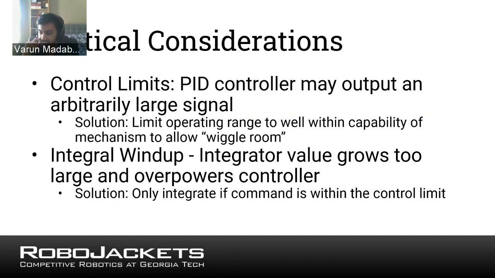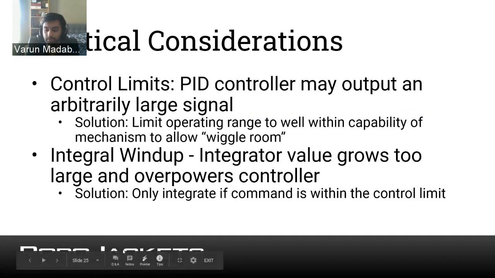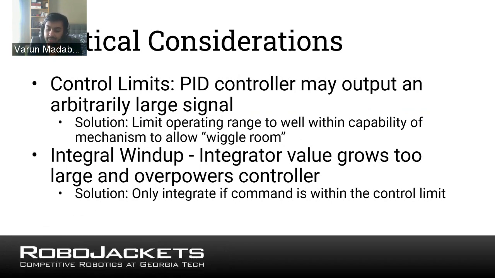And integral windup is another issue that you see with PID loops, which is where the integrator action becomes too strong and it causes the robot to want to go faster than it's capable of. And this is related to the control limits too, right? The integral may want the PID to output a higher value, but the PID is not capable of outputting more than 12 volts.